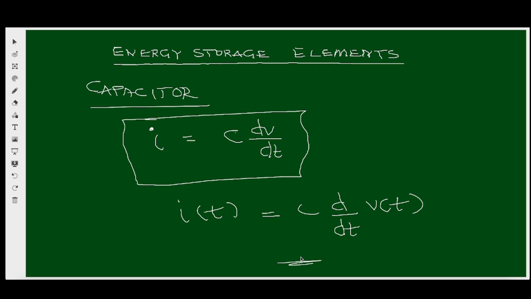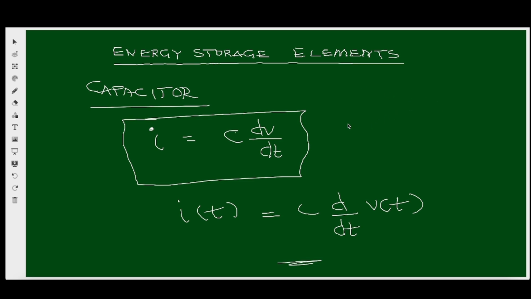And of course, C is in farad, that is, the unit of capacitance is the farad, which is also known as 1 coulomb per volt. And of course, you know the unit of current and the unit of voltage, which is straightforward.